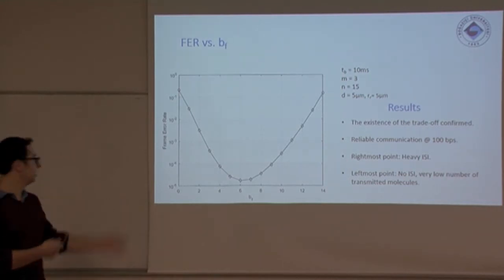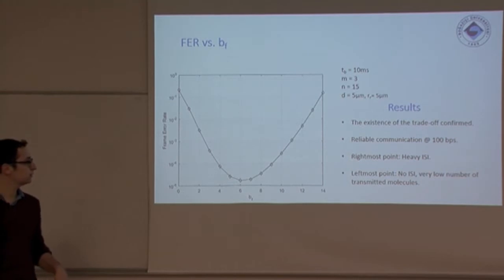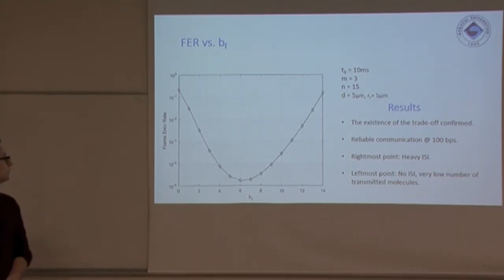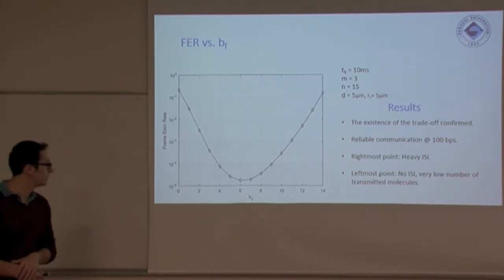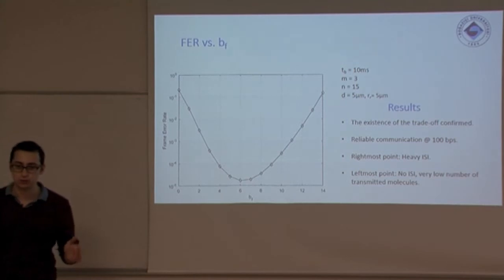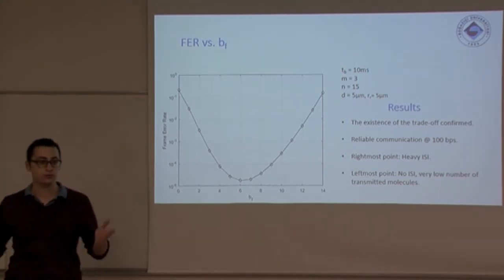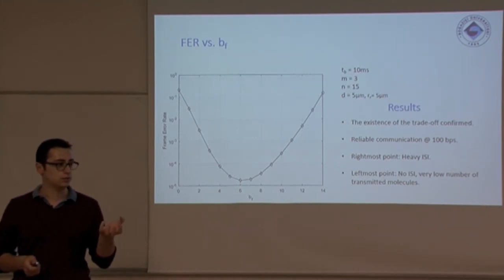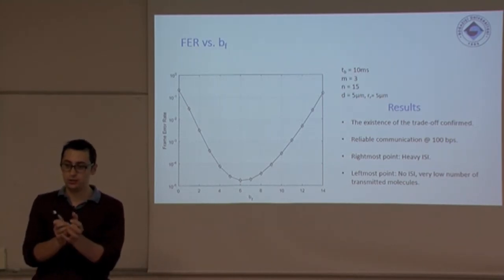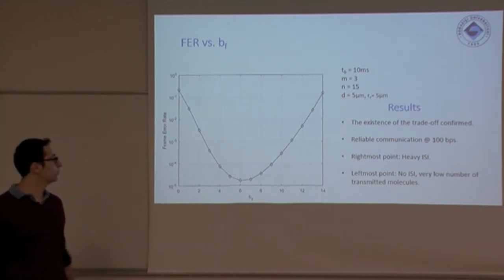And voila, there is, of course. The x-axis is the BF axis, and the y-axis is the frame error rate axis in a semi-log scale. So we have a frame size of 15. So we have 15 nucleotides, for example, or 15 amino acid blocks, or 15 slots, basically, that we can encode our message in.